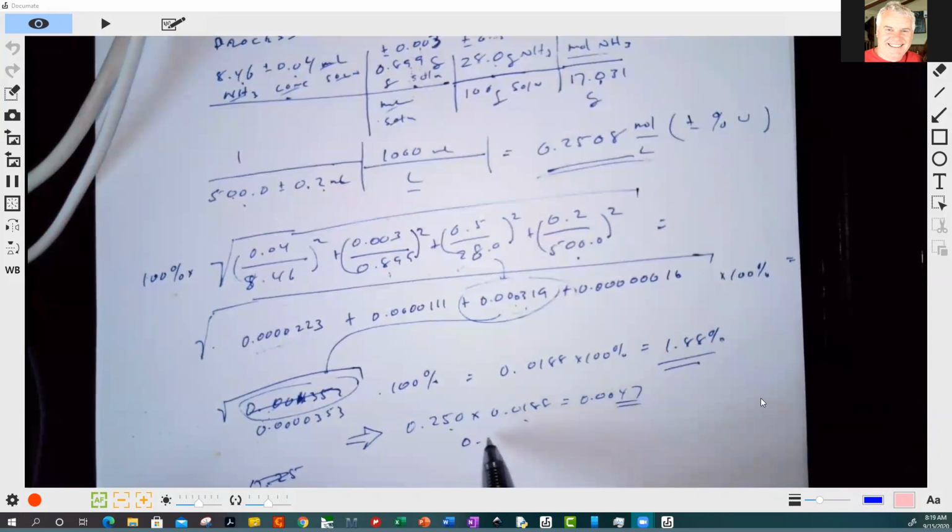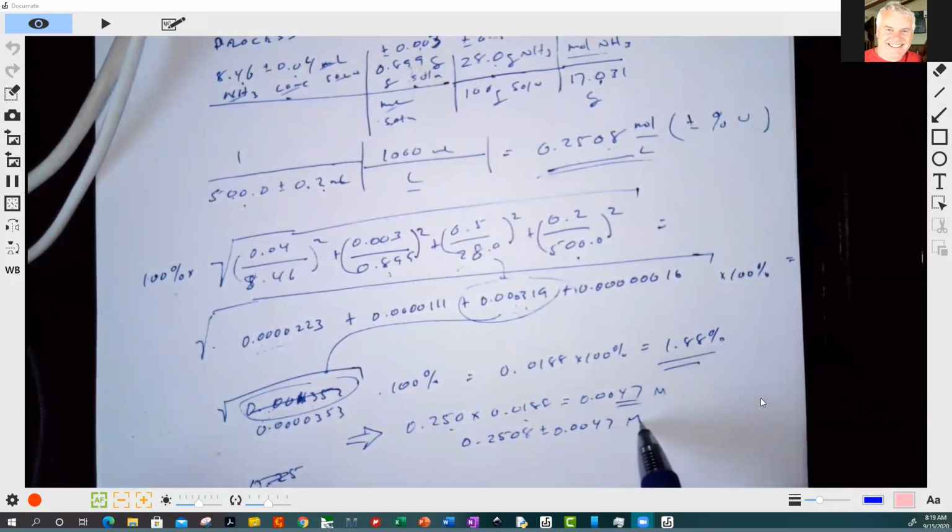So this is 0.250. Actually, we can keep this last digit here, right? 8 plus or minus 0.0047. And this answer now is in molar.